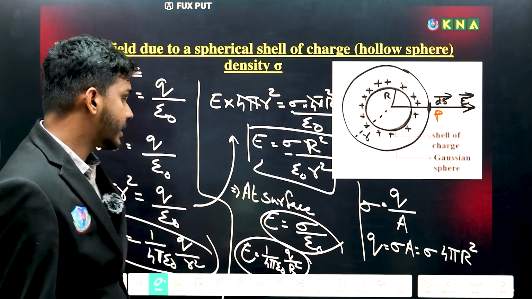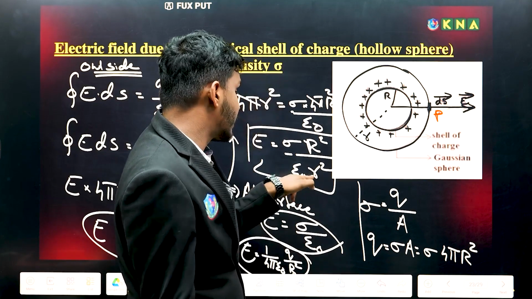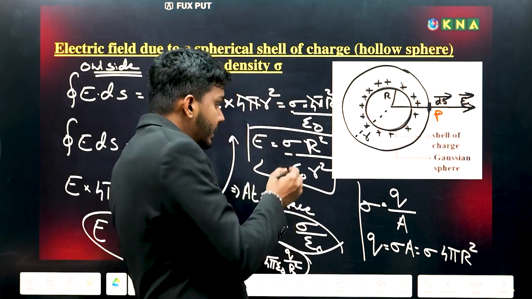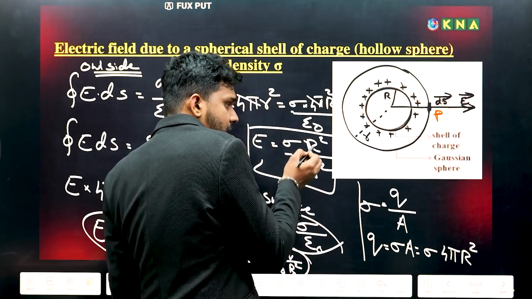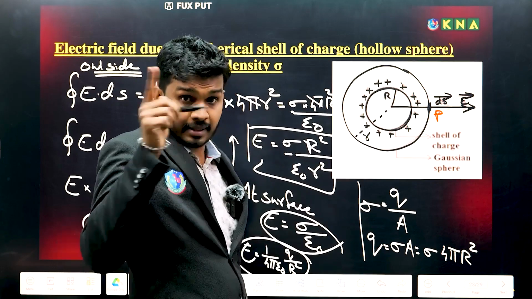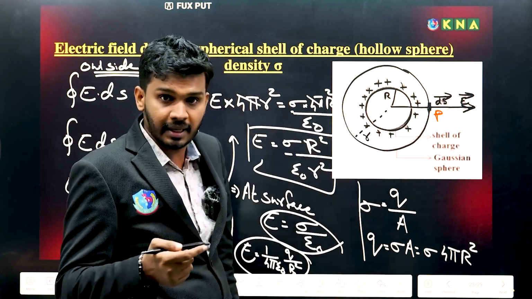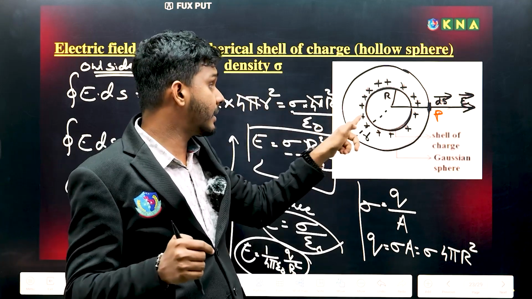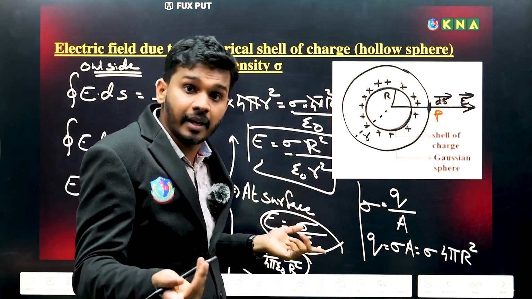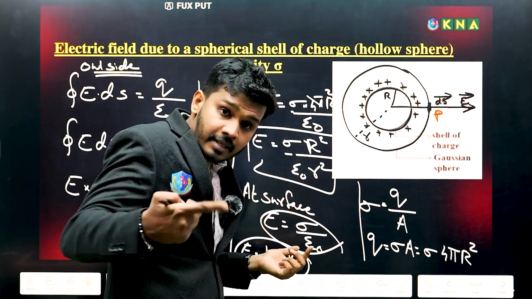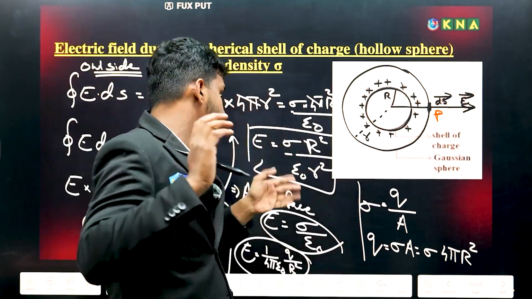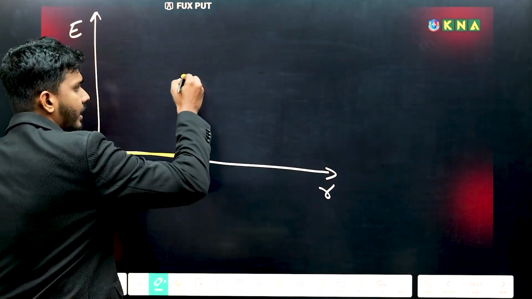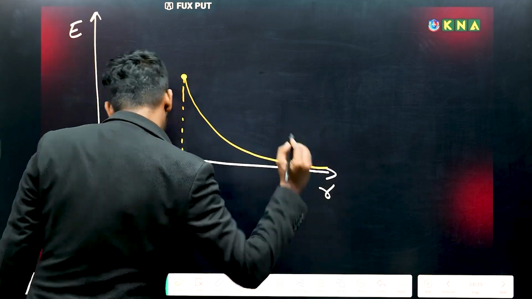Sigma and epsilon naught are constant, and capital R, the surface radius of this sphere, is constant. But small r is any point outside the surface, that is variable. So as r increases, electric field decreases outside the surface.